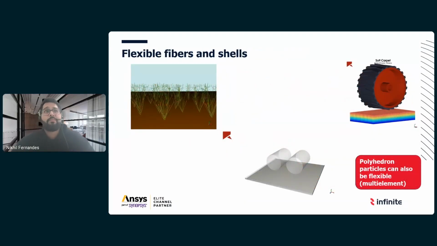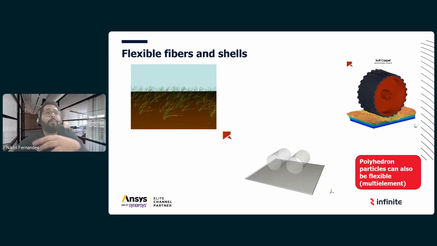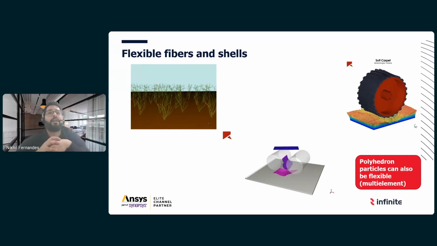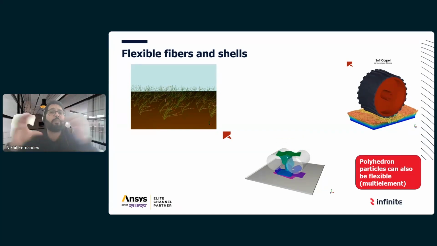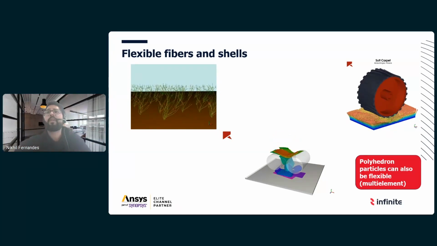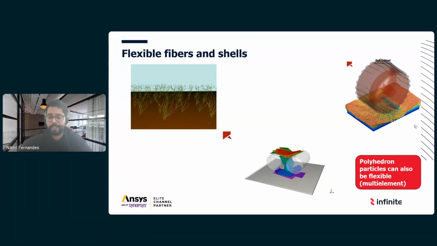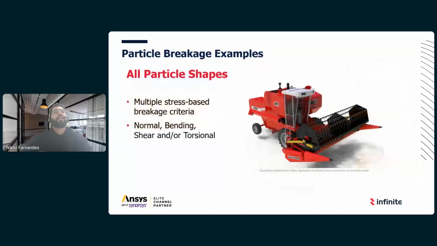One of the other cool things about Ansys Rocky is the flexible fibers and shells. As you can see, the fibers are able to bend, and at the bottom over here, you have a shell which is able to bend as well, according to the roller compaction. And on the top right, you see a carpet based on bristles, which is able to bend, which is, I think, pretty cool.